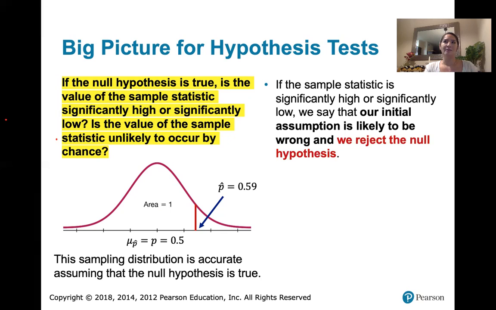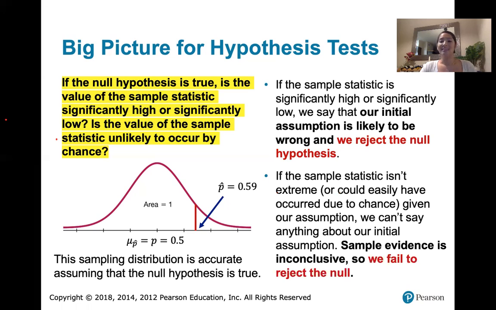But actually, it's just this improbable thing, a 3 out of 100 chance, actually occurring in real life. So if the sample statistic is significantly high or low, we're going to assume that our initial assumption is wrong and we reject the null hypothesis, but sometimes we're going to be wrong about that. The probability that we're wrong about that is called alpha.